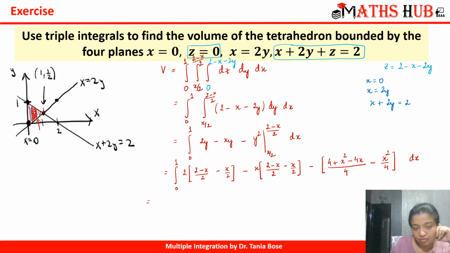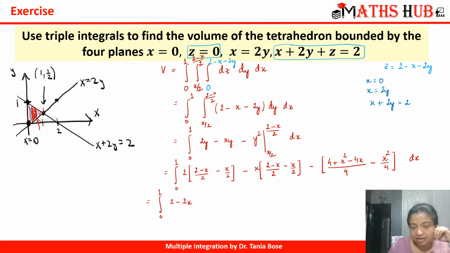So now let us open up all the brackets. So we have integration 0 to 1. Then we have 2 times. Let's solve this. 2 will be the common LCM. So I will have 2 minus x minus x. So that is 2 minus 2x by 2. So 2 and 2 will get cancelled and I will get simply 2 minus 2x, right?